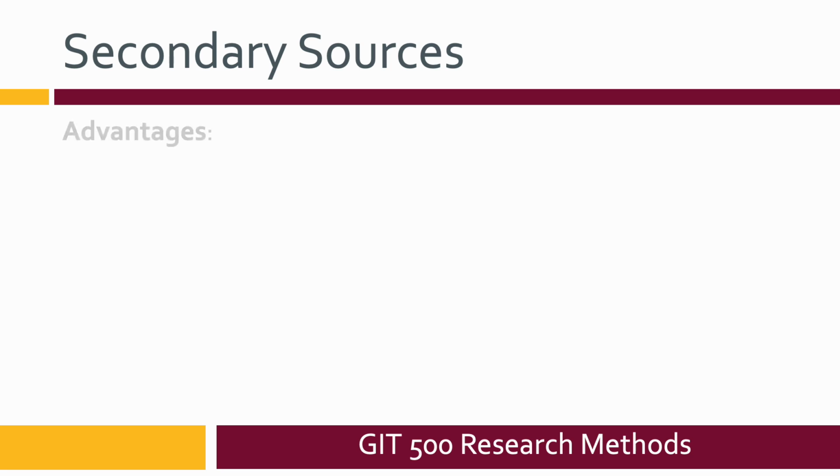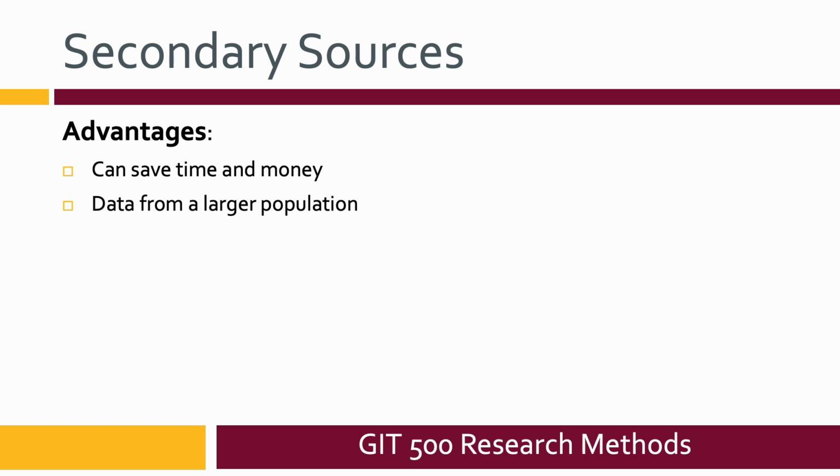research. The advantages of secondary sources are that it can save you time and money. If somebody else has already gathered data that pertains to your research topic, you don't have to do it. It'll save you time and possibly money. Sometimes you have to pay for databases, but it will definitely be cheaper than going and getting the information yourself.